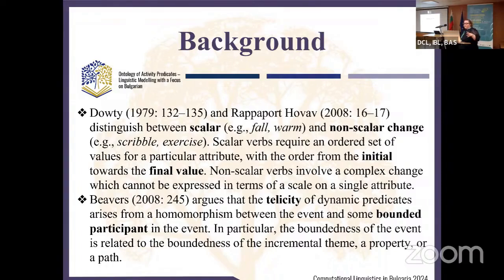But this change can have different semantics. It can be a scalar or non-scalar change, and some verbs are given as examples. Some verbs have an ordered set of values that they can take for a particular attribute, with the order from the initial towards the final state, while other verbs represent a more complex change, which cannot be expressed in terms of a scale of a single attribute.